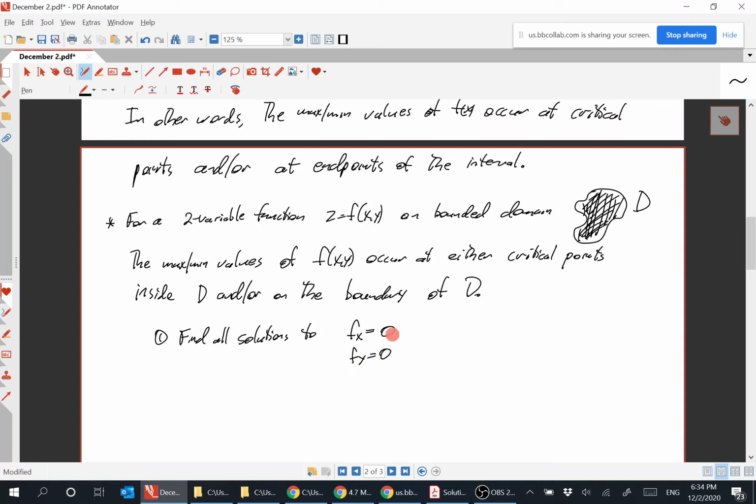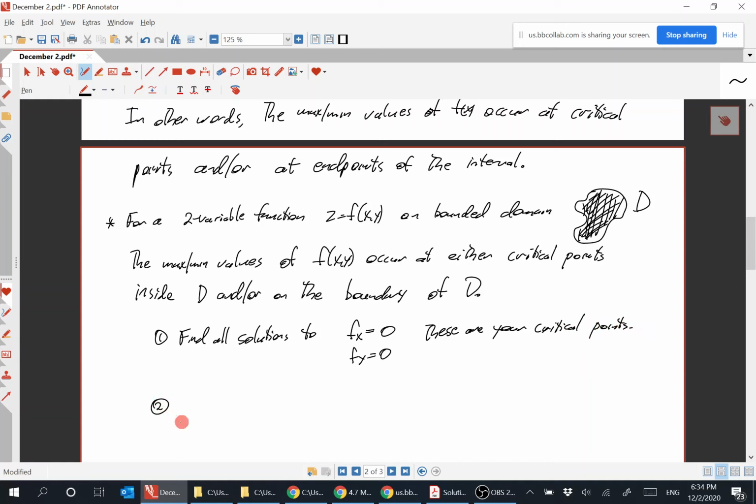Find all solutions to this pair of equations. No longer a single equation, pairs of equations. Find all solutions to that. These are your critical points.